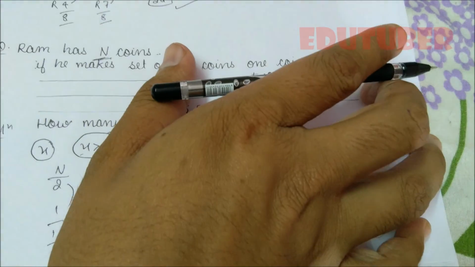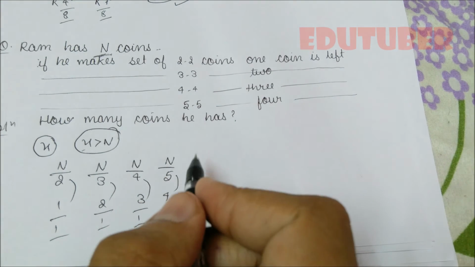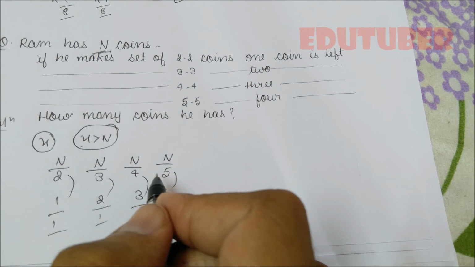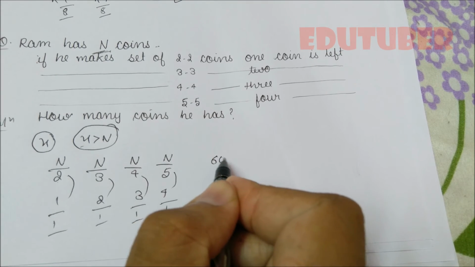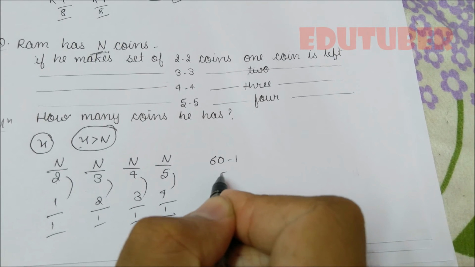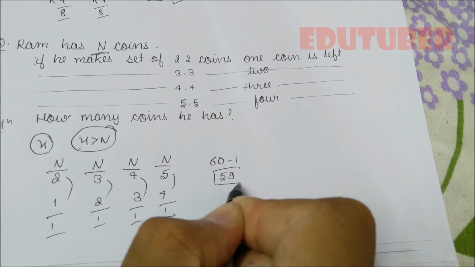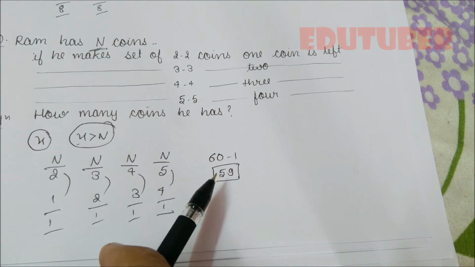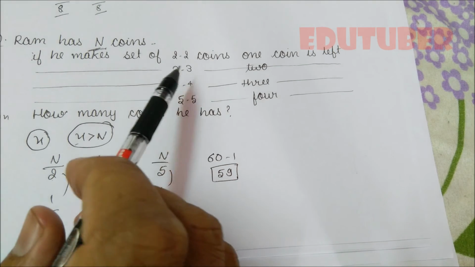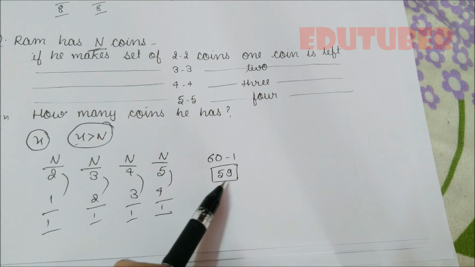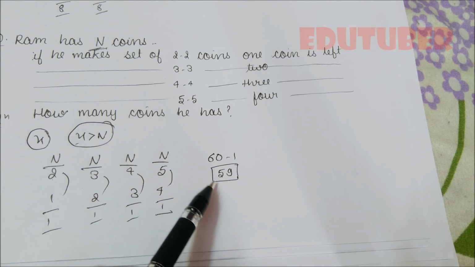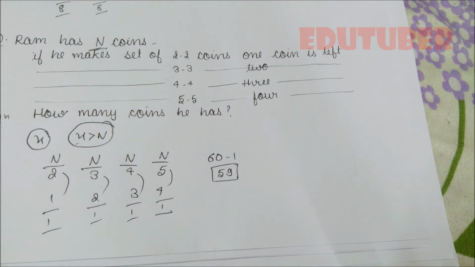So what we studied in the previous example is that the value of n becomes the LCM of all these numbers, which is 60, minus 1, that is 59. Now check: with sets of 2 coins, 58 coins are set but 1 coin is left. With sets of 3 coins, 59 divided by 3, 2 coins are left. With 4 coins, again 3 coins are left. With 5 coins, 4 coins are left. I hope that is clear to you.